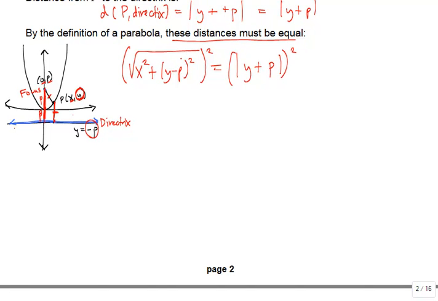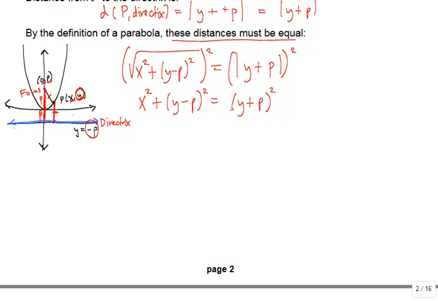If I square away that square root, we're just left with x squared plus y minus p quantity squared. And when you square away that absolute value, we can lose it because this y plus p quantity squared is going to be positive anyway because we're squaring it. So we don't really need those absolute values in there anymore.